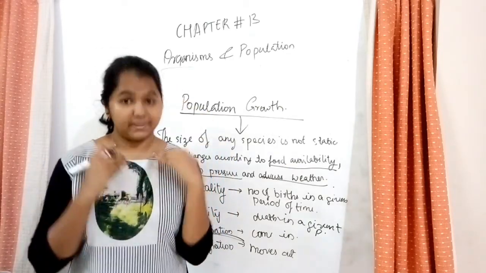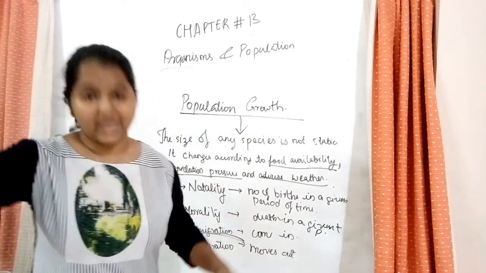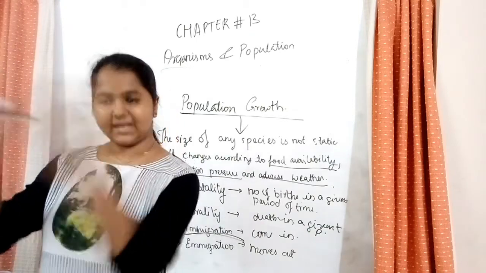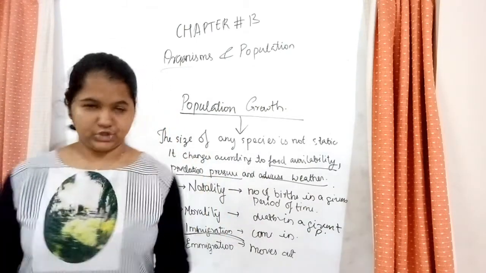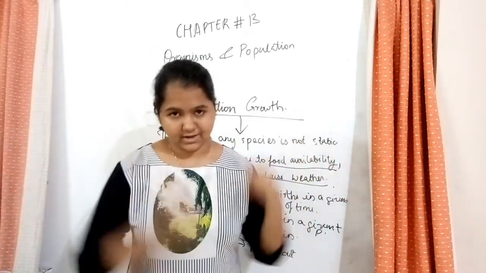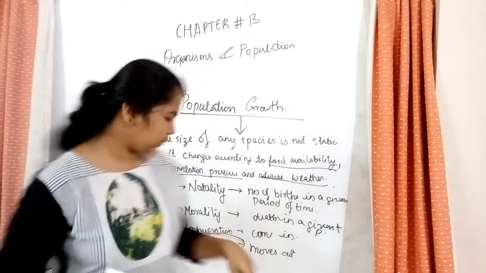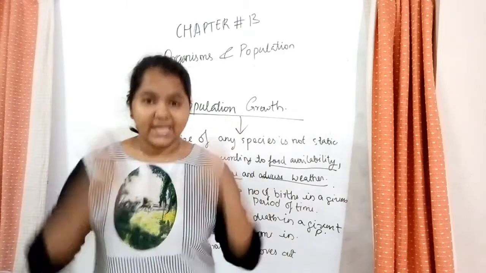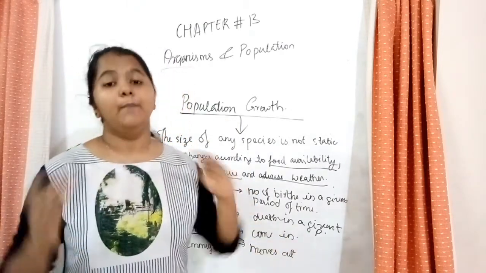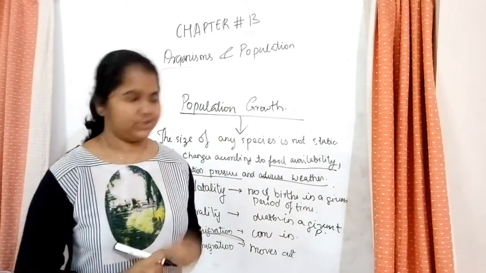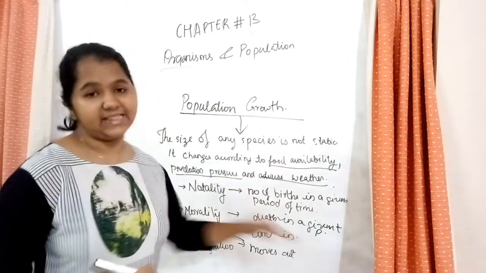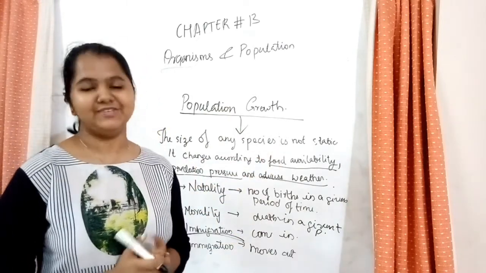Whereas for China, they are emigrants; they have done emigration. They have moved out of their country and come into India. So immigration is coming in, and emigration is moving out. These are the factors that affect population. These factors and their definitions are important, so you have to learn that.